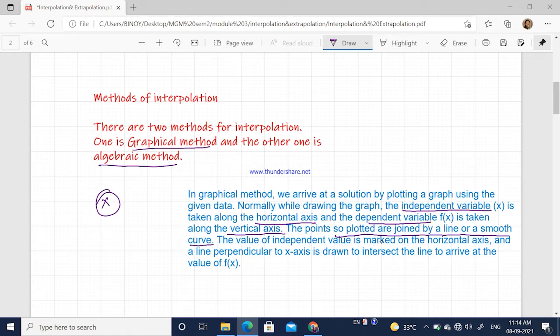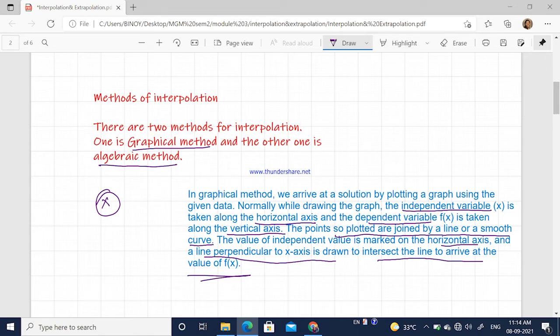The value of the independent variable is marked on the horizontal axis, and a line perpendicular to the x-axis is drawn to intersect the curve to arrive at the value of f of x. This is how you tackle the graphical method.